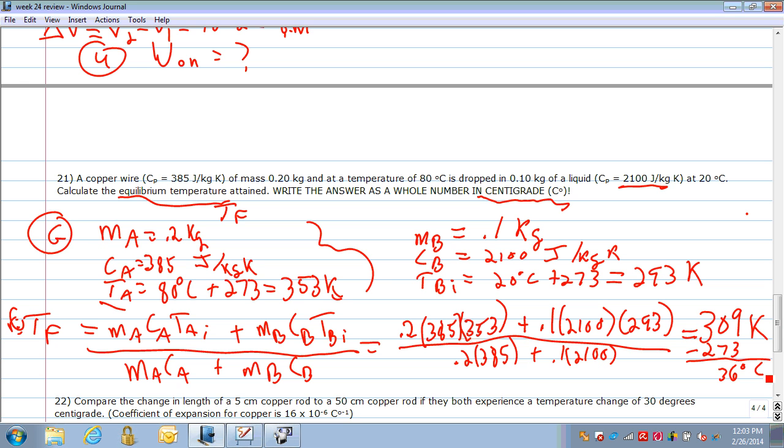Again, everything under that divide sign has to be in a set of parentheses. If you use parentheses within the parentheses, that's fine. You don't have to. You can say 0.2 and hit the times button, 385 plus 0.1 times 2100. But you had to have that whole thing in parentheses underneath the divide sign. You had to have the top all in parentheses.